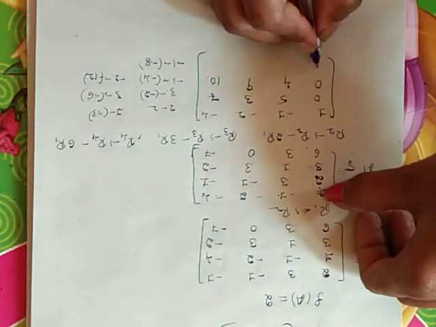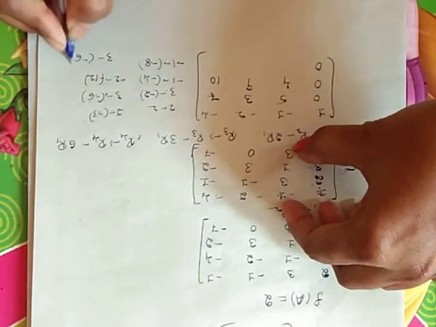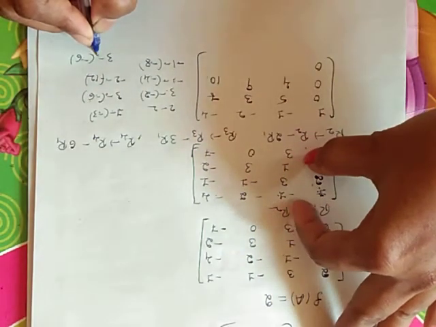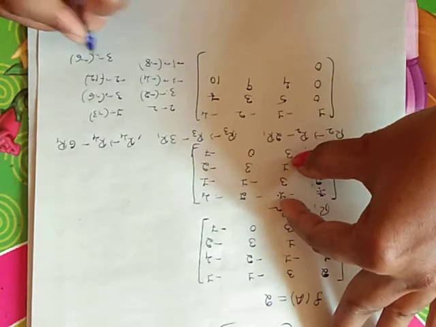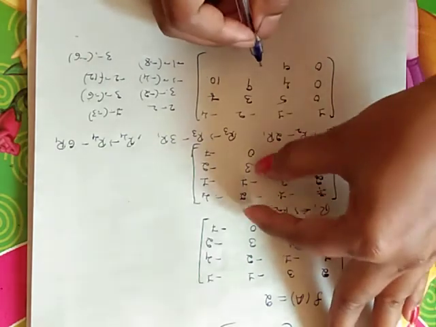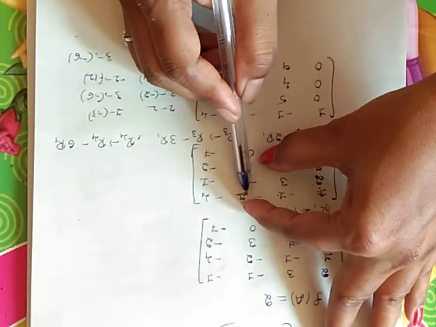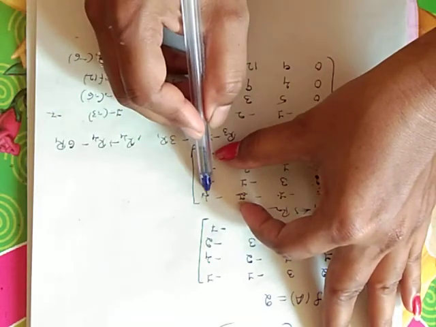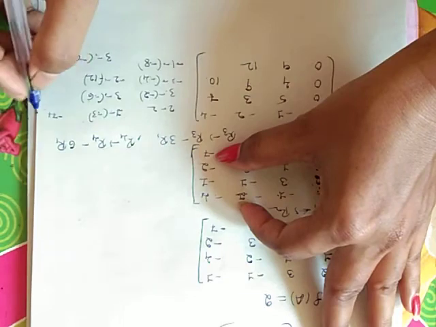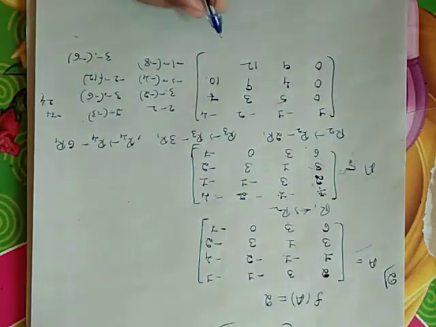Now 6 minus 6 is 0. 3 minus 6 into minus 1, 3 plus 6, 9. 0 minus 6 into minus 2, that is 12. Minus 7 minus 6 into minus 4, that is minus 7 plus 24, 17.